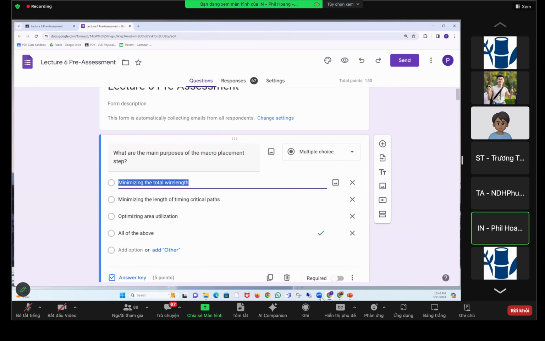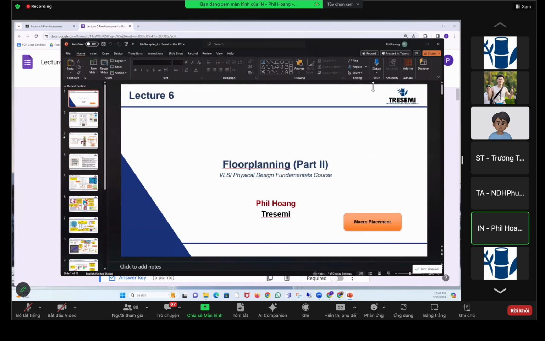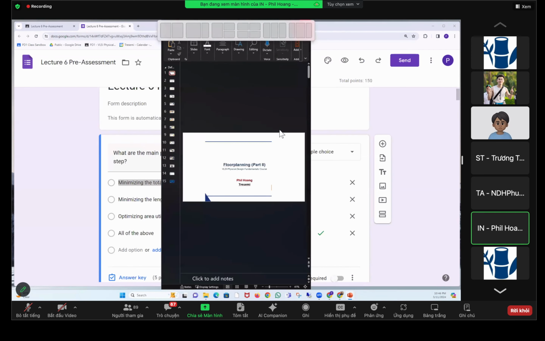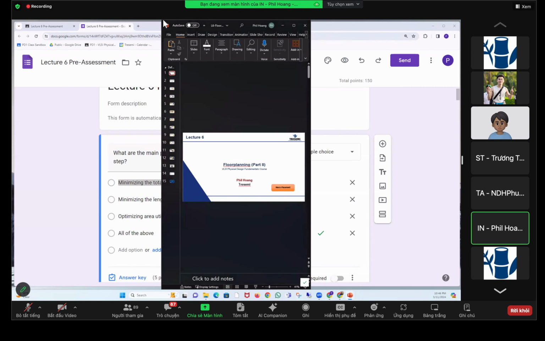Maybe it's a refresh since we have time. Minimizing the length of timing critical paths. We mentioned something about a DSP circuit.